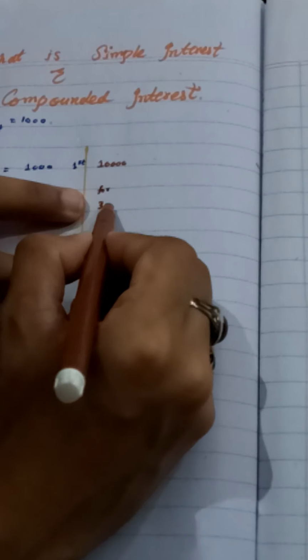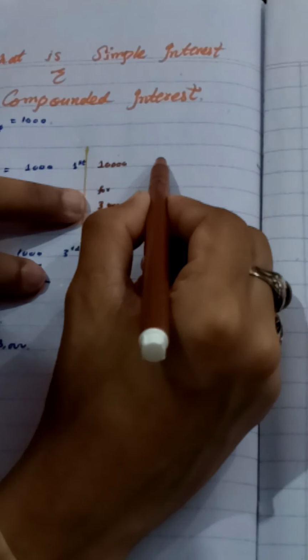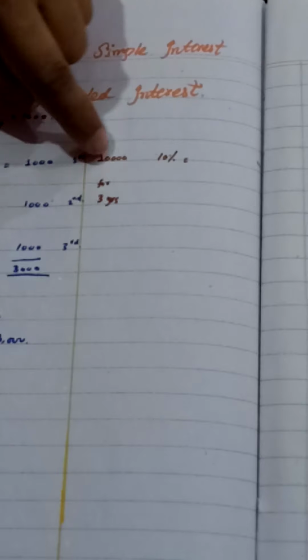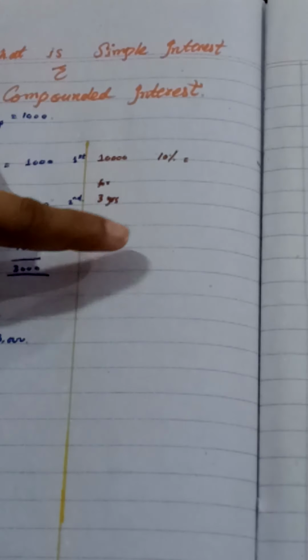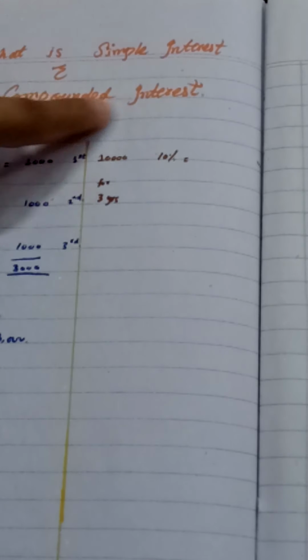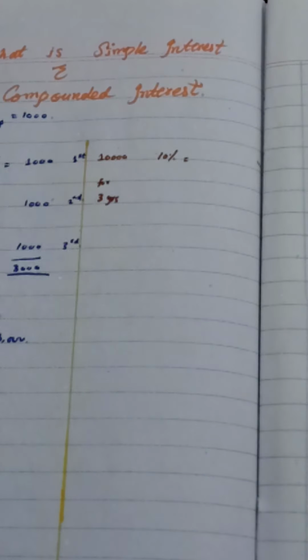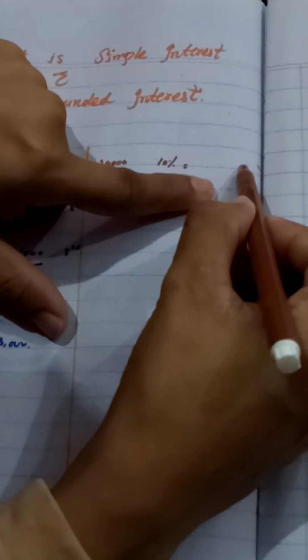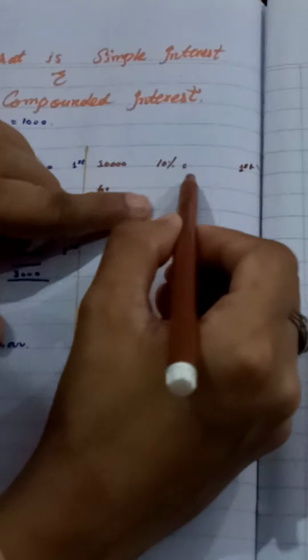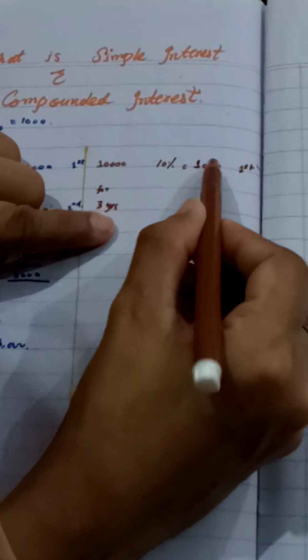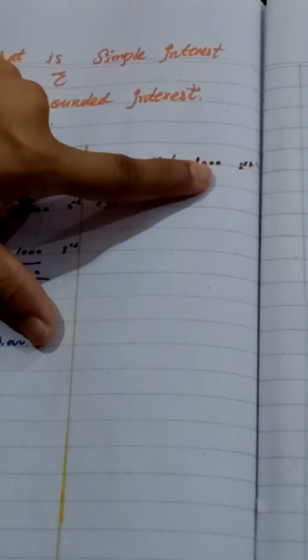Same situation at 10% per annum, but on compounded interest. So first year interest is 1,000 rupees, the same as before.